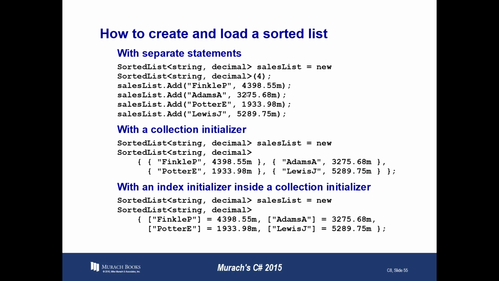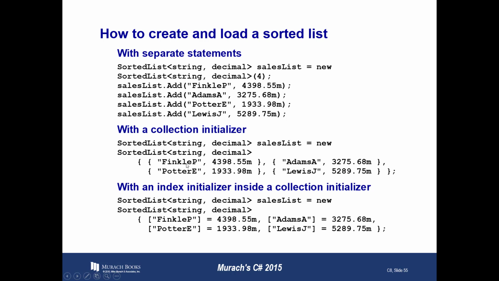So notice how we're adding these. Because you might look at it and go, wait a minute, string decimal. Yeah, it says we're going to have a string followed by a decimal, and there will be 4 of them. String decimal, string decimal, string decimal, string decimal. You can do it like this, or you can use an initializer, which is very similar to the way we initialized arrays before.